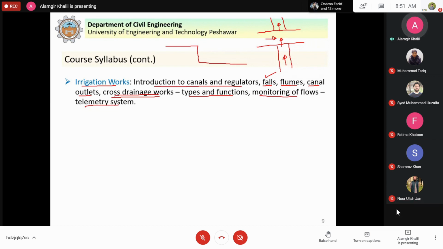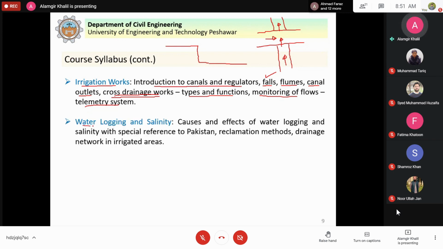It can be stored or transmitted to the control room, which can be located away from the point of measurement. So we will study some introduction here, monitoring of flows.